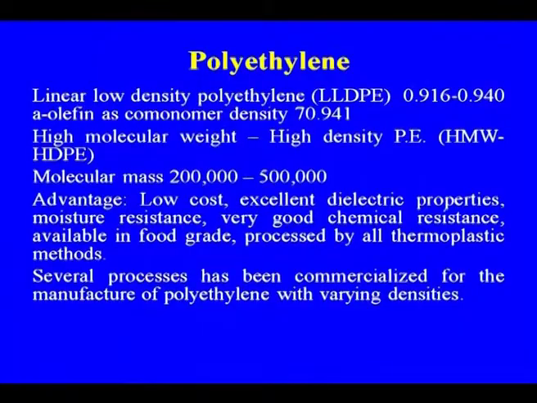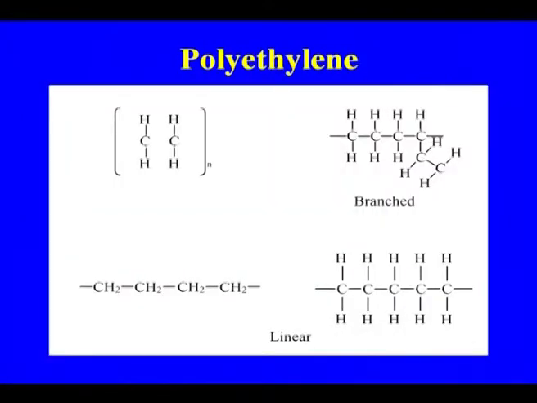Already we discussed low density and high density, and accordingly the process technology has also been developed. These are the advantages: low cost, excellent dielectric properties, moisture resistance, very good chemical resistance, and the ability to be processed by all thermoplastic methods for food grade. Several processes have been commercialized for the manufacture of polyethylene with varying density. This is how the branched and the linear polyethylene look like.